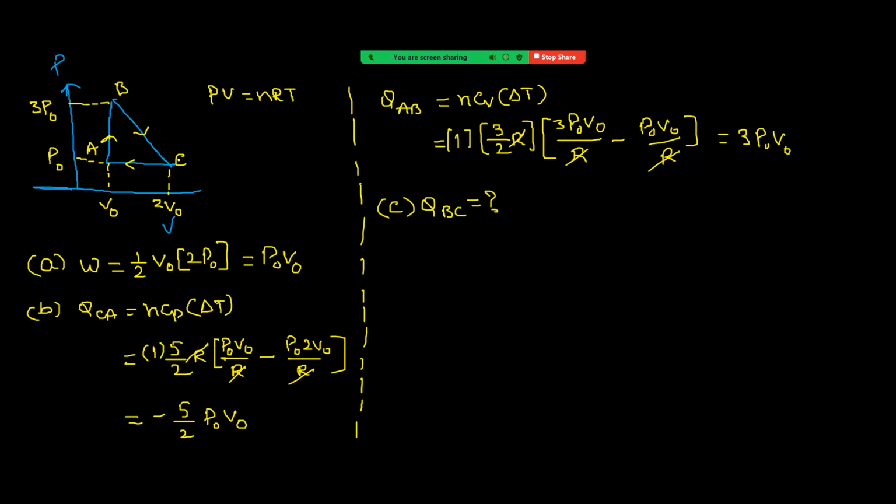That means we can calculate delta U for BC, and we can calculate how much work is done from B to C. So I can take this as a combination of delta U plus W. We can find delta U and we can find W. So first focus on W, W from B to C.